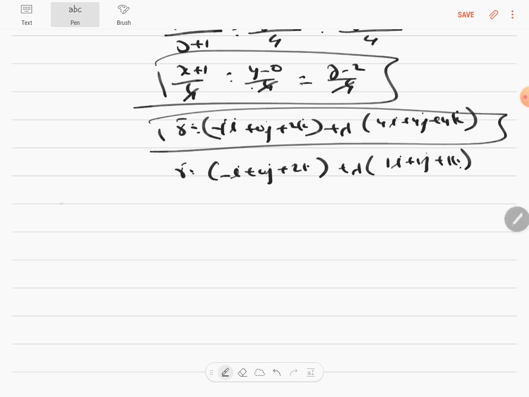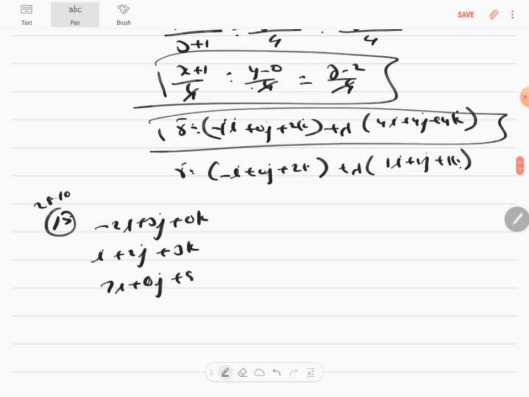Okay, so this is sum number 15 in page number 28.10 in R.D. Sharma. So the position vectors are minus 2i plus 3j, which means plus 0k, and then i plus 2j plus 3k, and 7i plus 0j plus 9k are collinear.